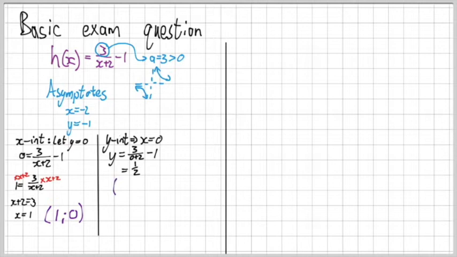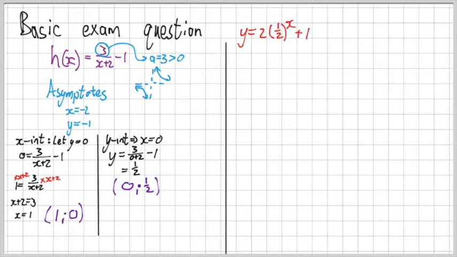Again, this is a set of coordinates. x is 0 and y is a half. In other words, I can actually now sketch h of x. But I'm not going to do that, as you are seeing my writing on the board already. I'm going to go over to k of x, which is my exponential graph.